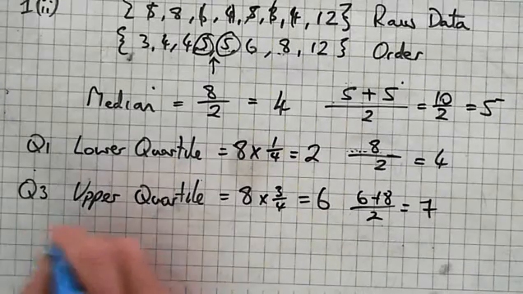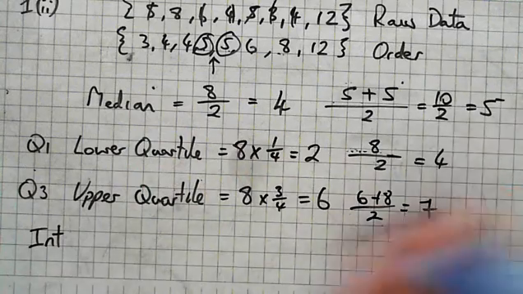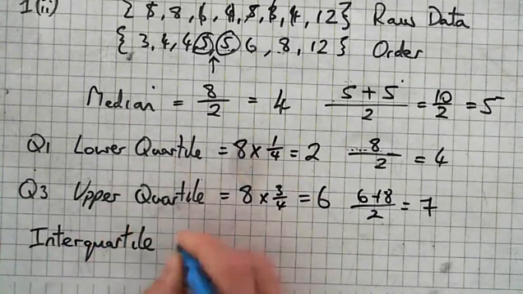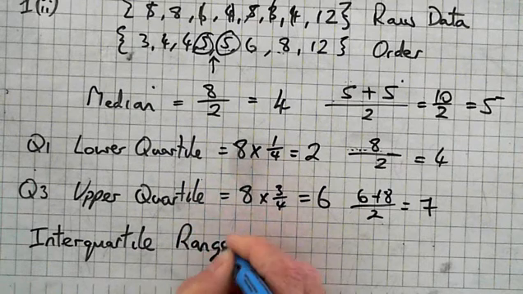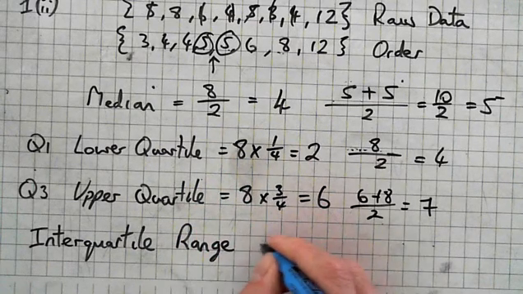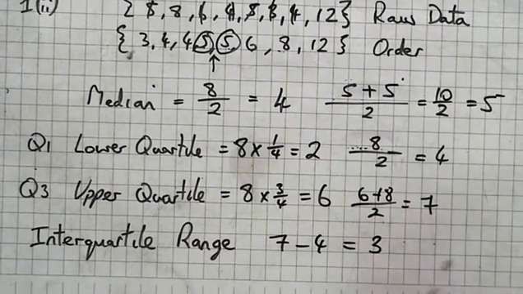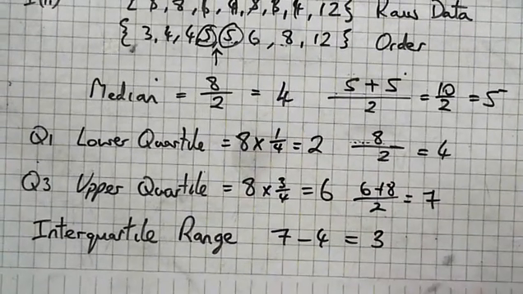Alright, so what's now the interquartile range? The gap between 7 and 4. The interquartile range is 3.